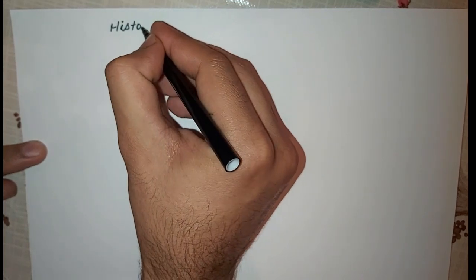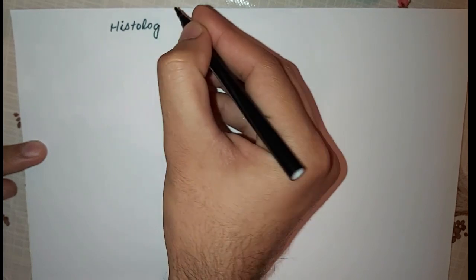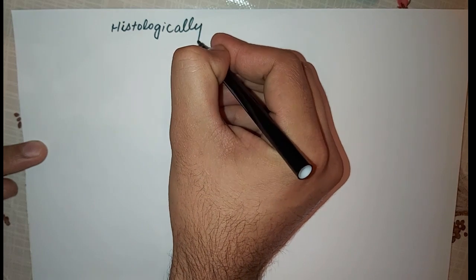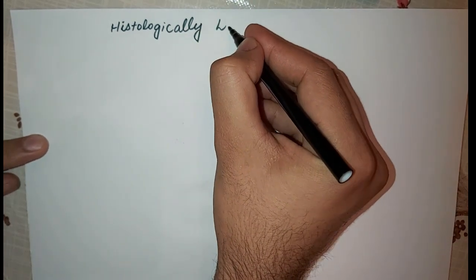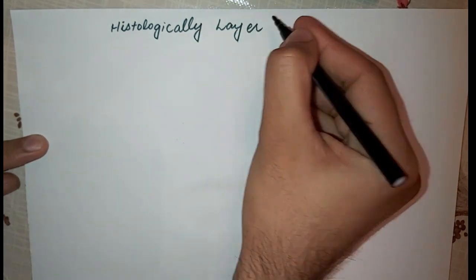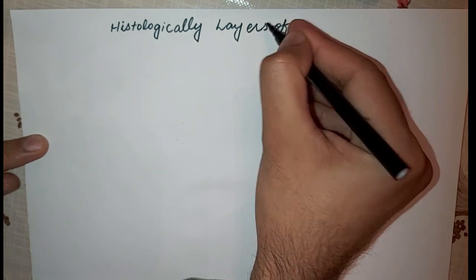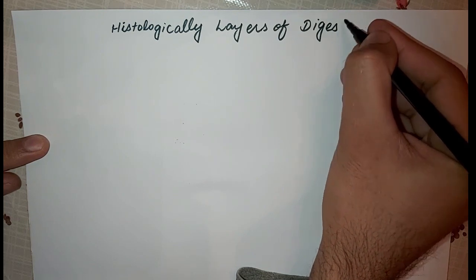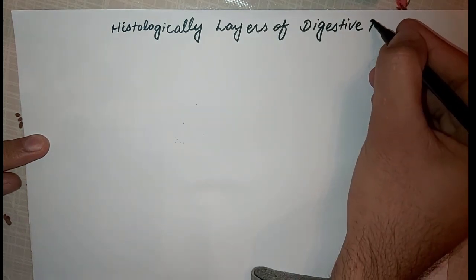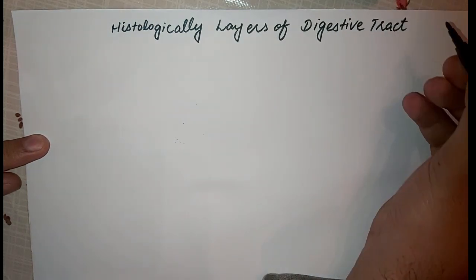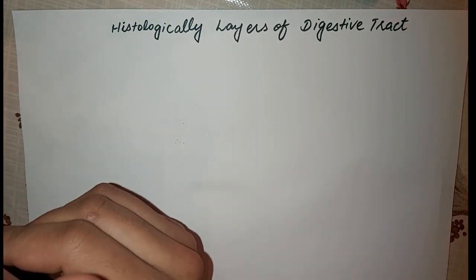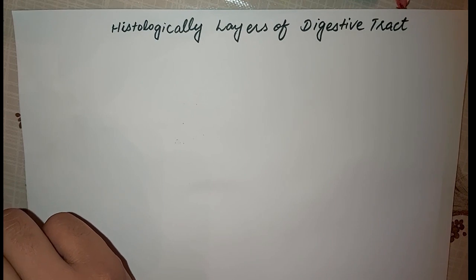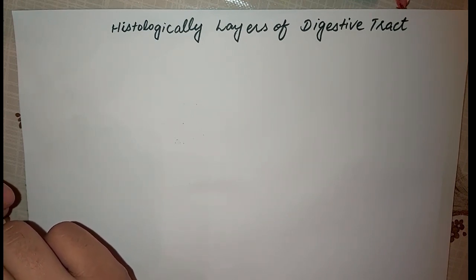Histologically, there are 4 layers of the digestive tract.